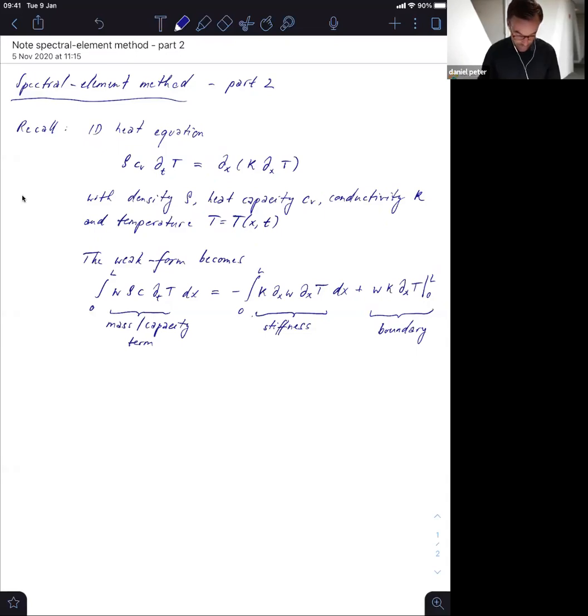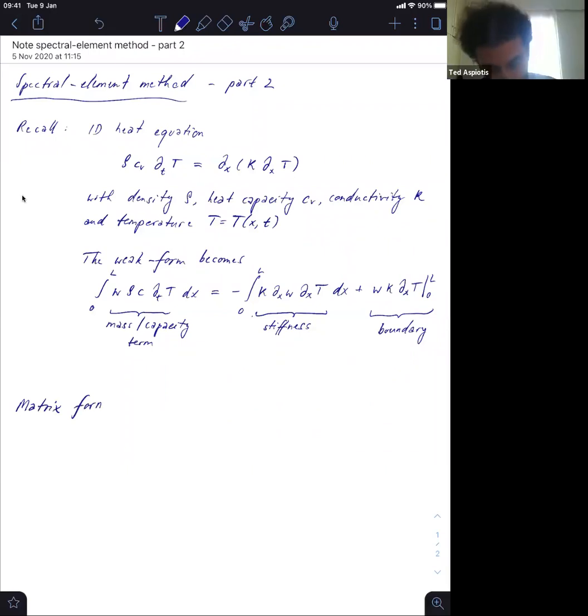Good. So what we want to come to is the matrix form. So let me write this down now. So we are interested in the local contributions to these mass matrices, stiffness matrices, and also the boundary terms.